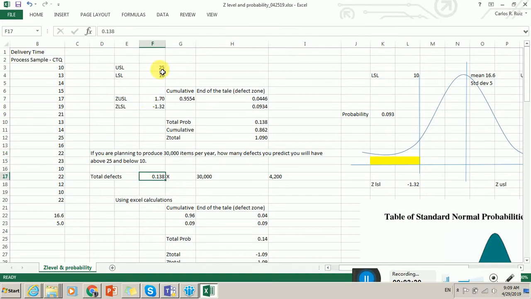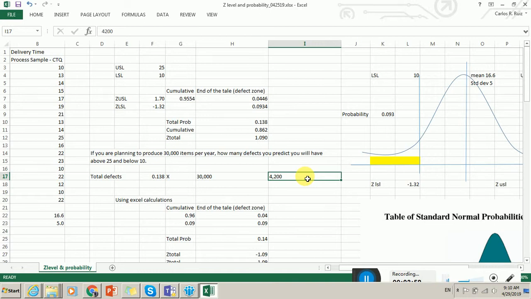Because we calculated the overall probability, which is 0.138, all I do is multiply that probability times the production volume I'm going to do on that process, and that gives me 4,200 reports that I predict are going to be either above 25 or below 10, which are defects.